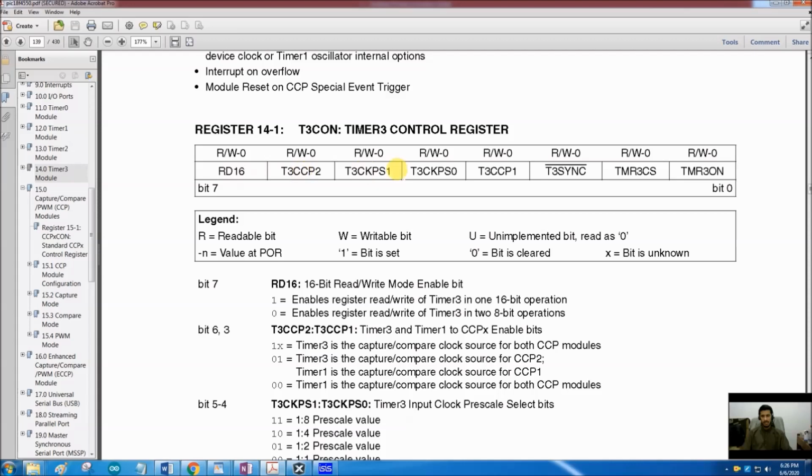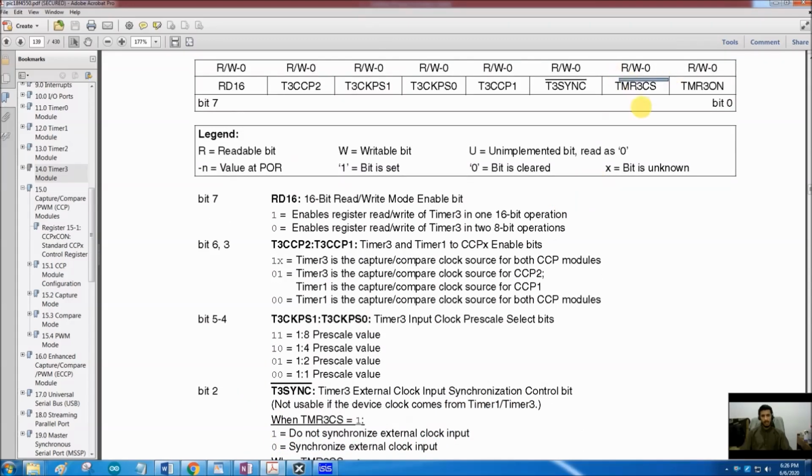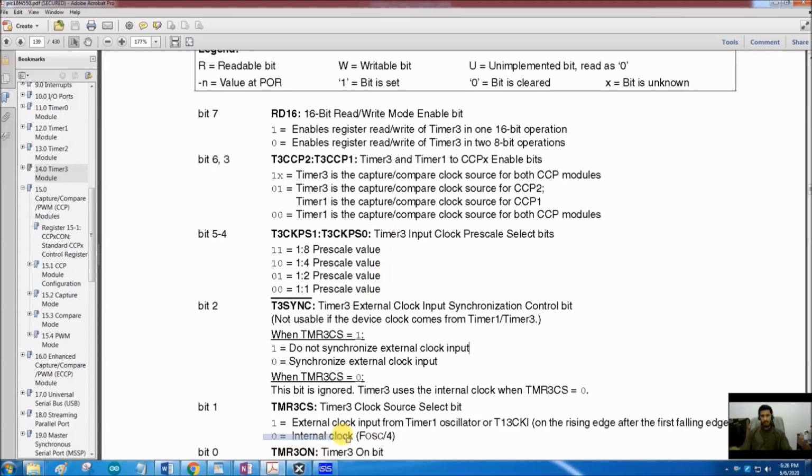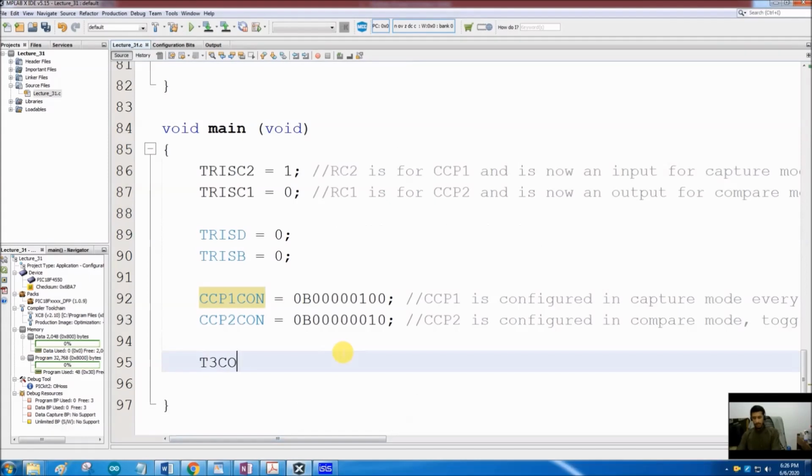So far we have 1, 0, 1, 1, 1. Then synchronization should be on in this case, so setting this bit to 0, and then clock source should be the internal clock source. This bit also should be equal to 0, and then the timer should be off for now. We will turn it on later. So T3CON is equal to 0b10111000.